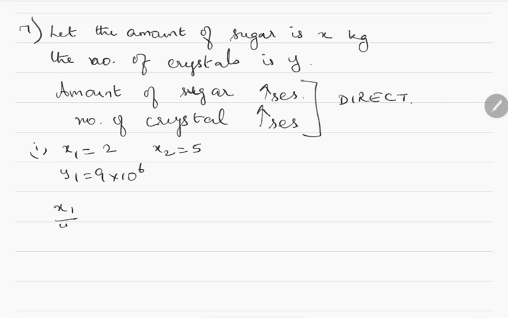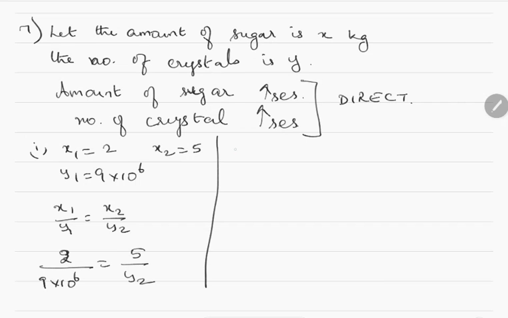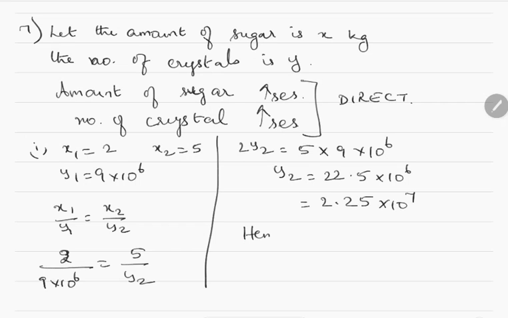So x1 by y1 equal to x2 by y2, or it is 2 by 9 into 10 power 6 is 5 by y2. 2y2 equal to 5 into 9 into 10 power 6, or y2 is equal to 22.5 into 10 power 6, or 2.25 into 10 power 7. Hence there are 2.25 into 10 power 7 crystals.